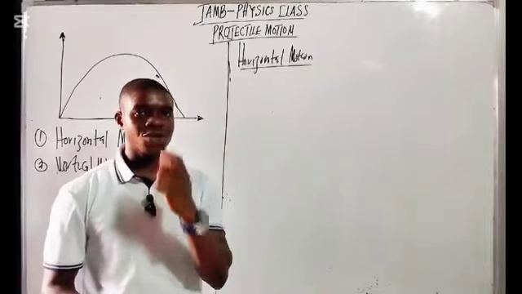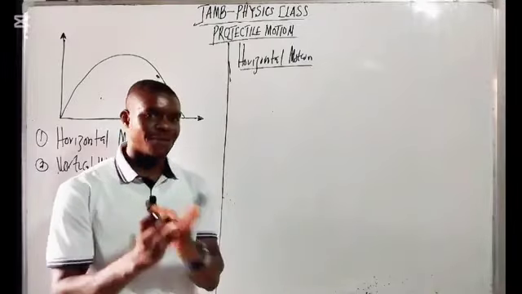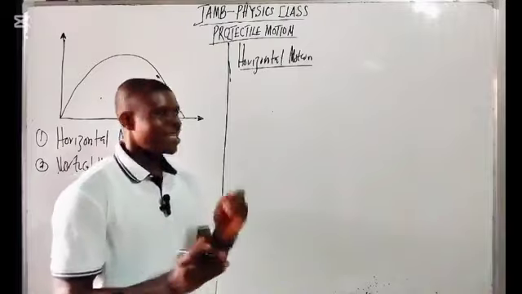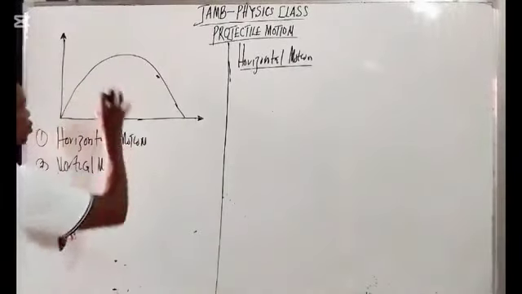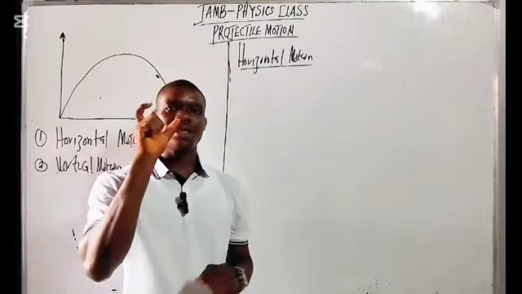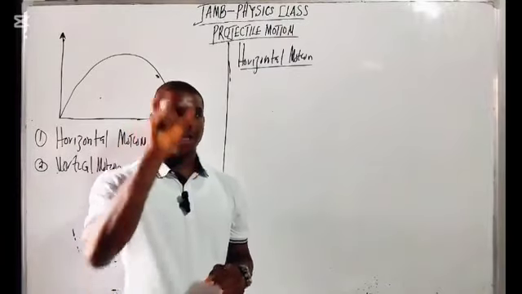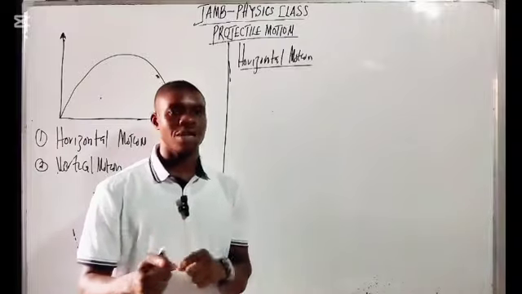When the linear acceleration is equal to 0, the velocity does not change; there's constant velocity. Do you understand? The reason why the linear acceleration is 0 is because in a projectile motion, there's only one acceleration acting on it, which is the gravitational pull, the acceleration due to gravity. Do you understand?